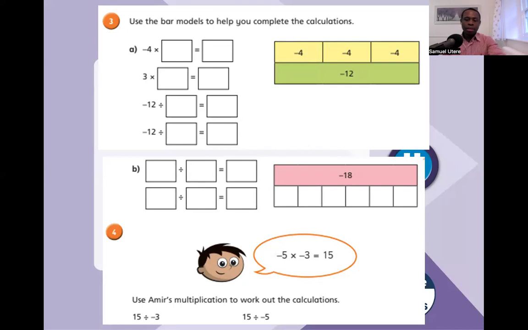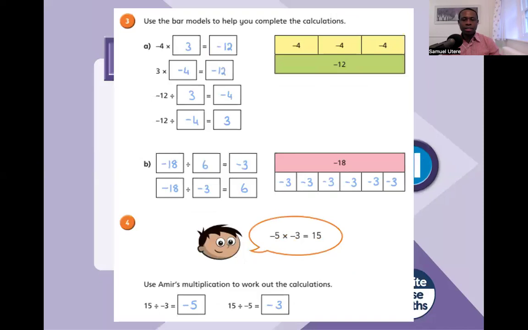Assuming you've paused the video and you've answered the questions, here are the answers. So here you were simply asked to fill in the missing numbers using the bar model. These are simple facts that you should know by now. So we know these will have to be positive. Why? Because the result here is negative. So negative times positive will give us negative. Here we know this will have to be negative. Why?